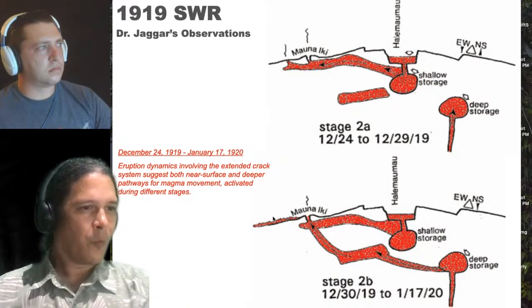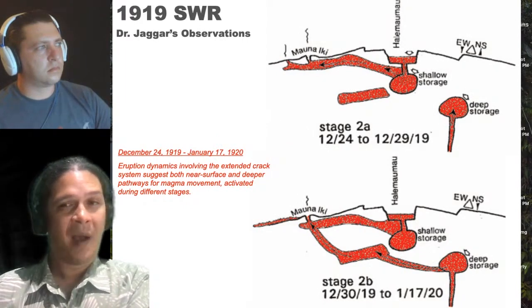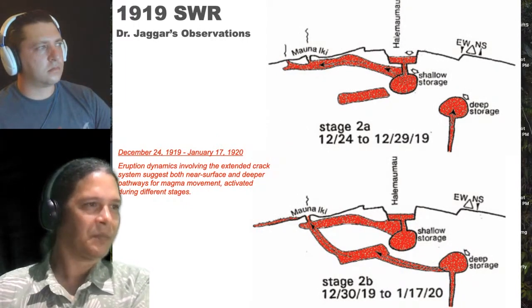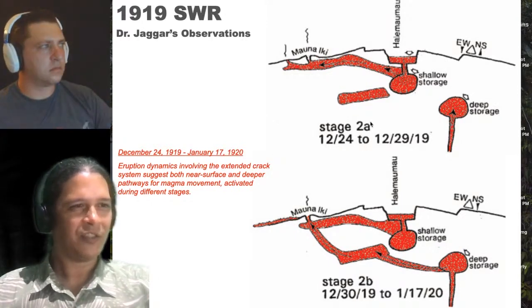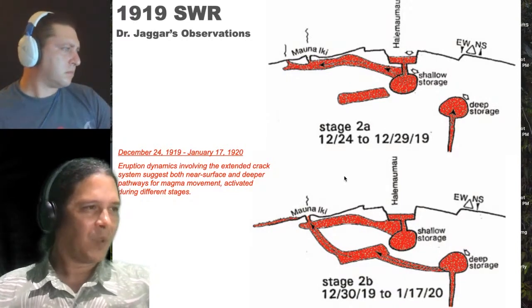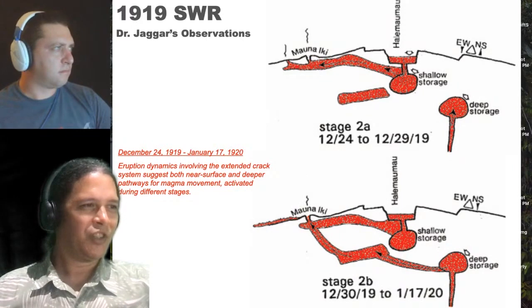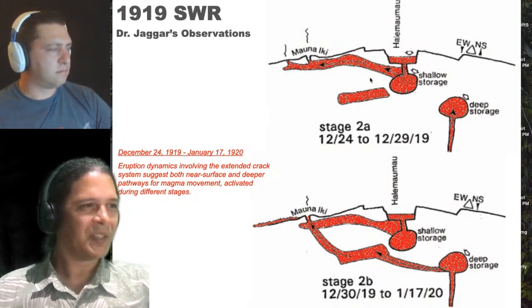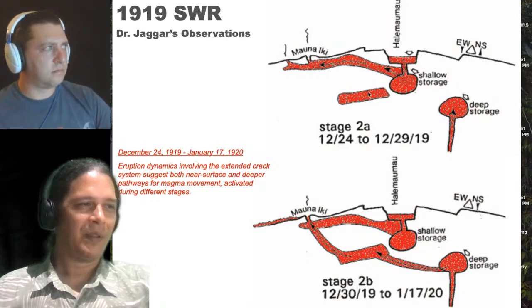Okay, so one last thing to note here to kind of illustrate what's possible with these kinds of crack systems. Between December 24th and January 17th, stages 2A and 2B, a lot of lava coming out during these times. The dynamics involving the extended crack system suggest both near-surface and deeper pathways for magma movement during different stages.